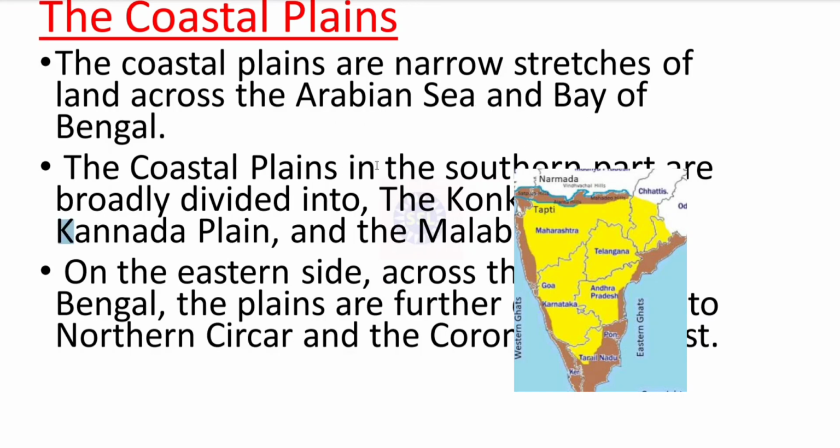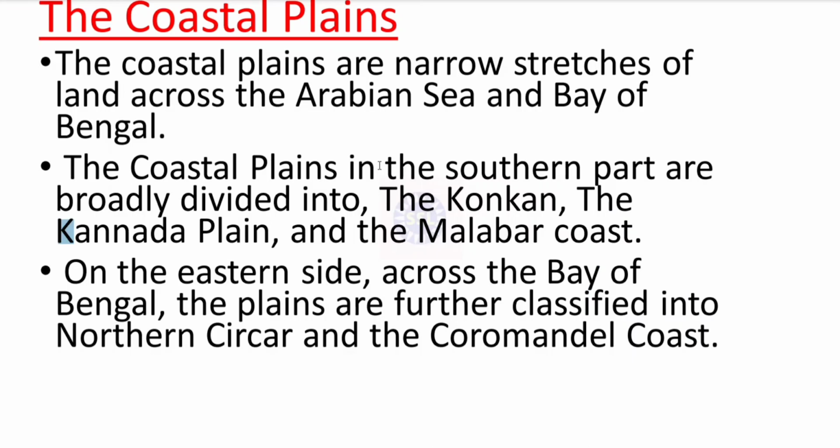The coastal plains in the southern part are broadly divided into the Konkan, the Kannada and the Malabar coast. And on the eastern side, they can be divided into Sarkaru coast and Coromandel coast. These are the eastern coastal plains.